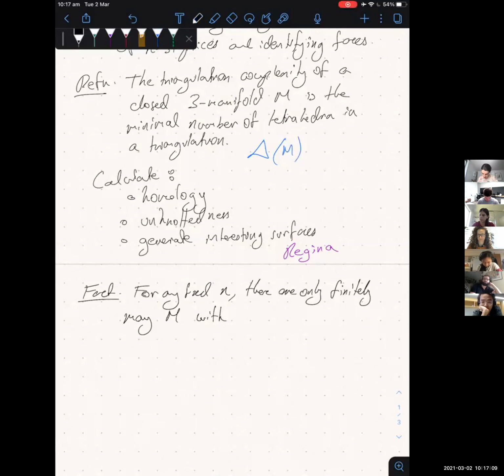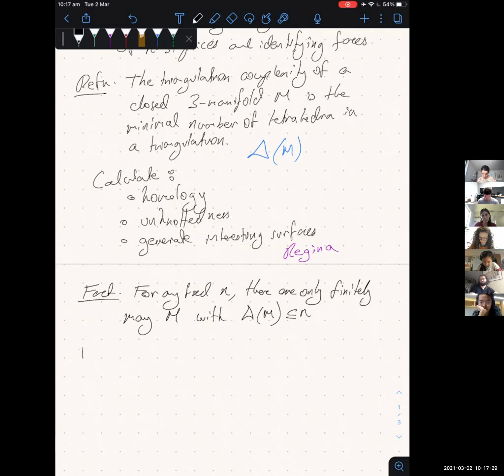That's just a notational note. So there are only finitely many manifolds that have triangulation complexity at most that number, just because there's only finitely many things you can do within tetrahedra. So certainly we can get as high as we like.